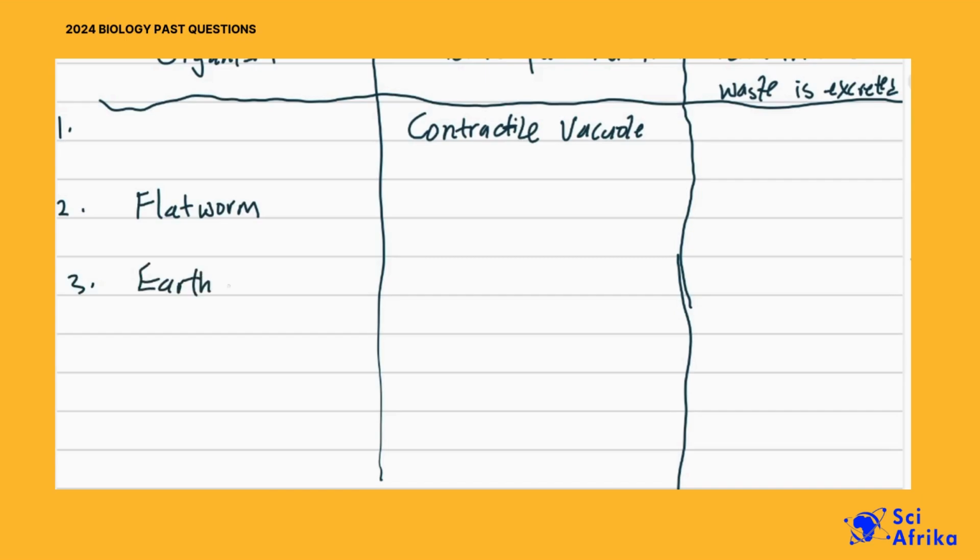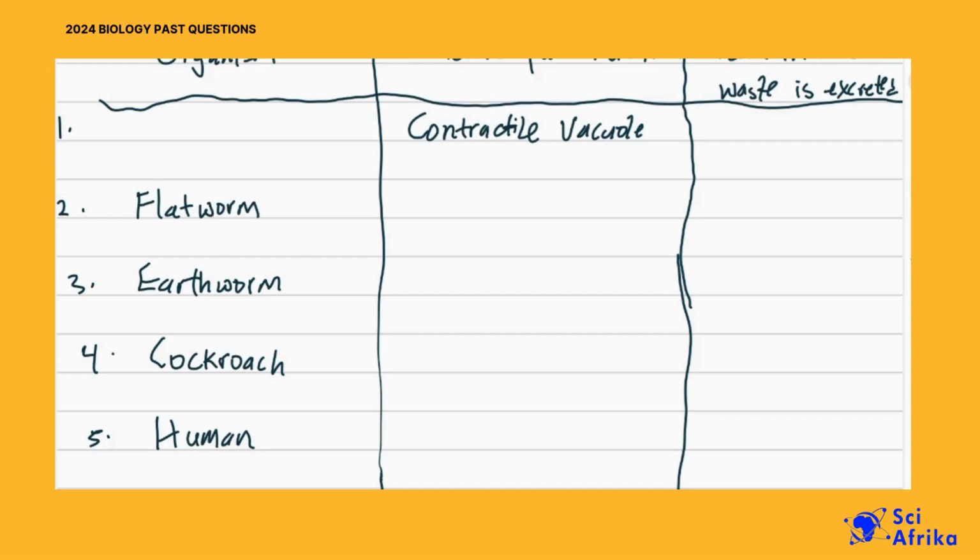And number 4, what they gave to us is cockroach. The next one we'll have is human beings. And the last one we'll have on the table is stomatal pore, which was given as the structure for excretion. So we shall now complete the table that we have here.